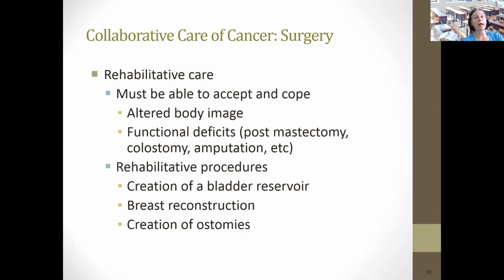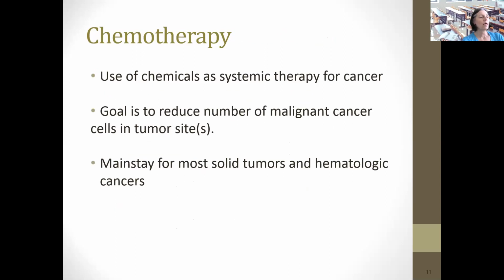Creation of a bladder reservoir, a urostomy for bladder cancer might be something that has to be done. Those are all surgery used for rehabilitation to get body function back, if not through normal routes, but through surgical routes.